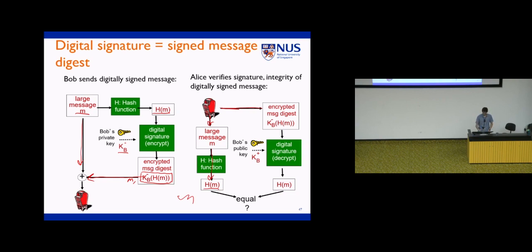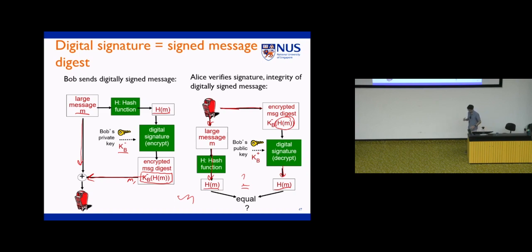And we know for a fact that when you apply the public and private key, the key pairs subsequently to the same bit sequence, in this case that is H of M, you can obtain the same bit sequence, which is H of M. And then she checks if these two are equal. And if they are equal, she knows for sure that the message originated from Bob and that it hasn't been modified in transit. So this is digital signatures.